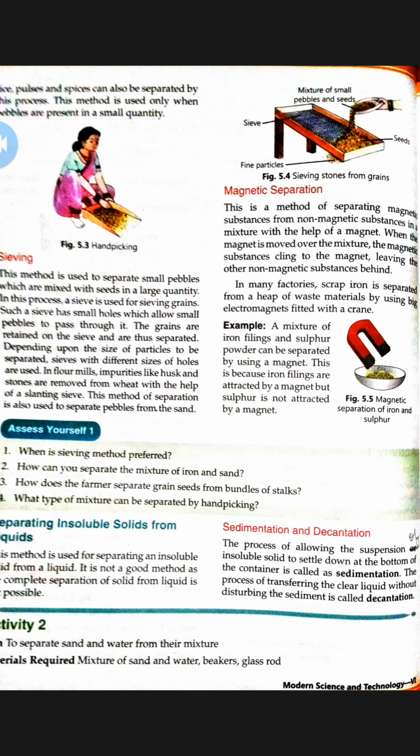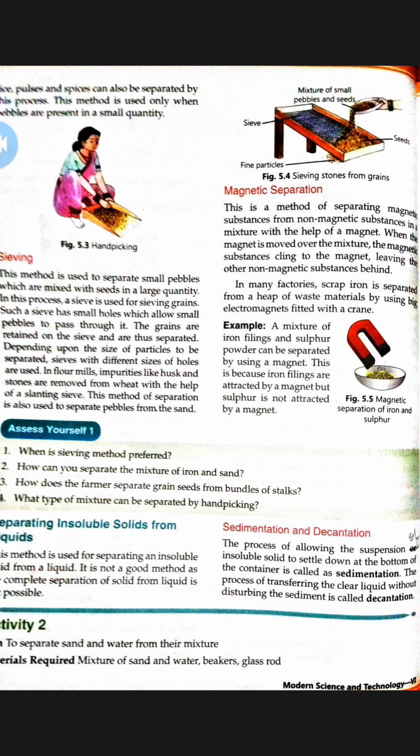So we can separate a mixture of water and sand with the help of filtration, with the help of filter paper. The water will come down through the filter paper and the sand will stay up on the filter paper.